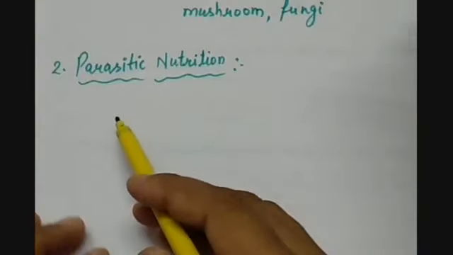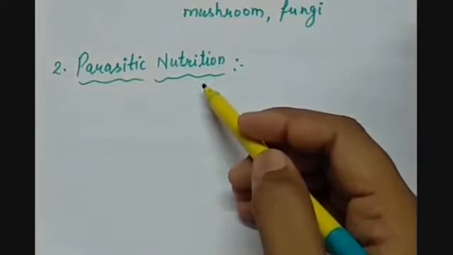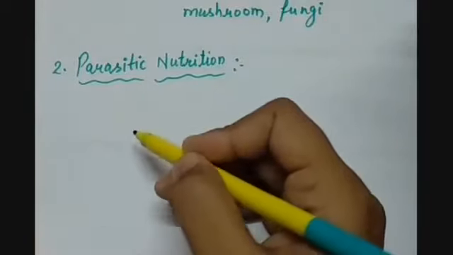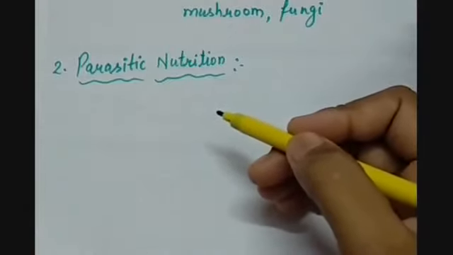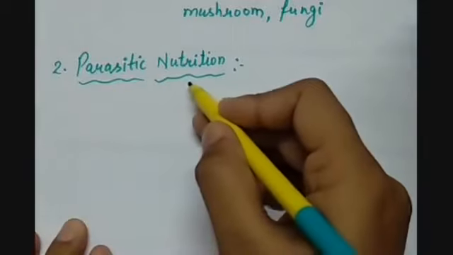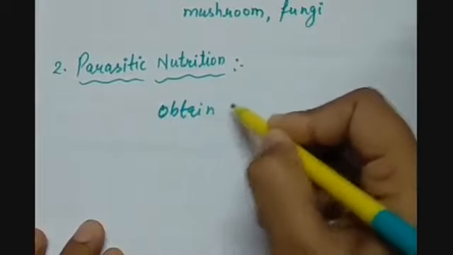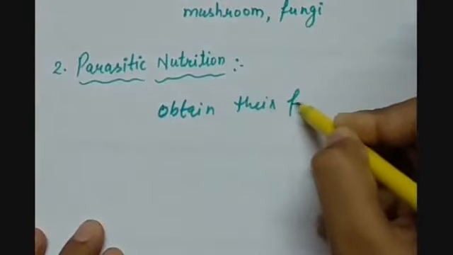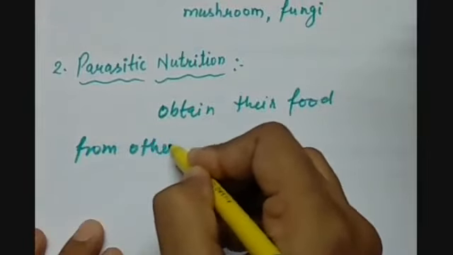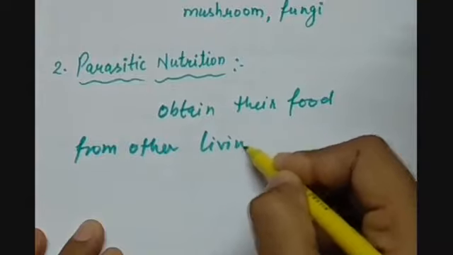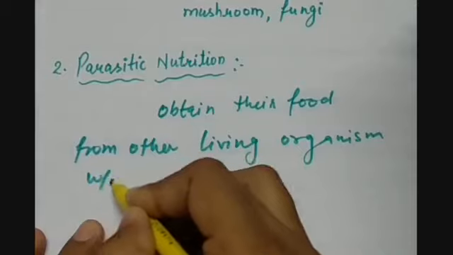The second type of nutrition is parasitic nutrition. In this kind of nutrition, the living organism absorbs nutrients from some other organism, but without killing it. So parasitic organisms obtain their food from other living organisms without killing them.